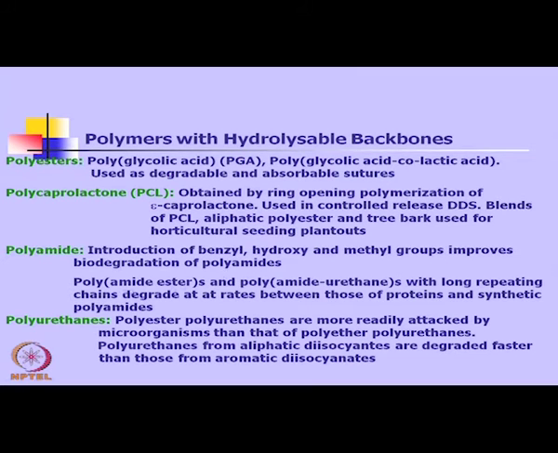Polyamide esters contain both amide linkage and ester linkage, or amide linkage and urethane linkage, which are both hydrolyzable. Polyamide esters or polyamide urethanes with long repeating chains degrade at rates between those of proteins and synthetic polyamides.